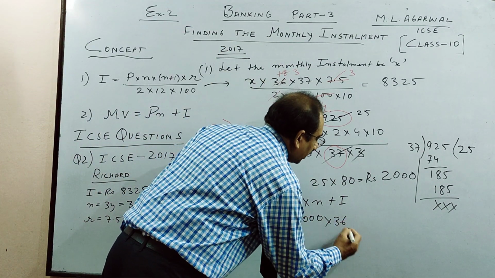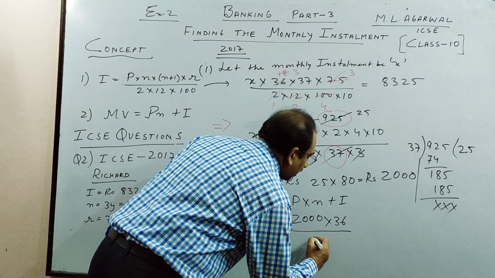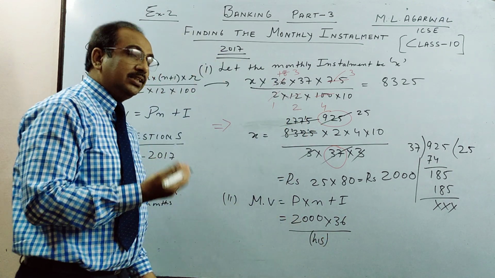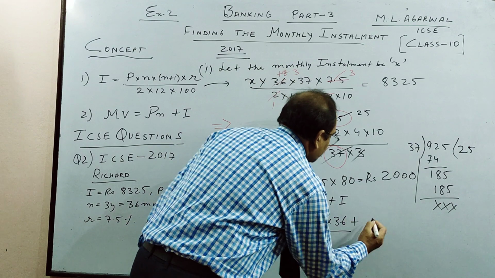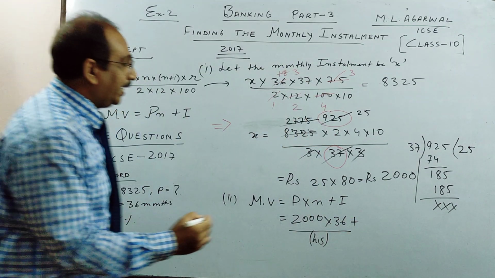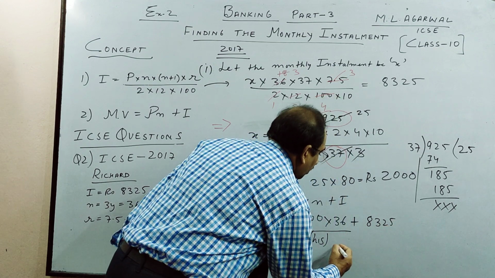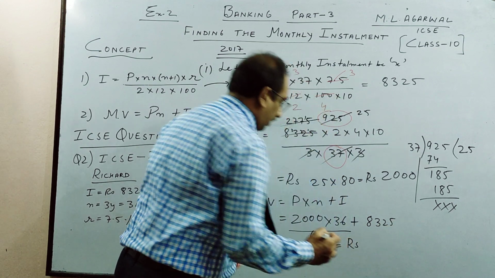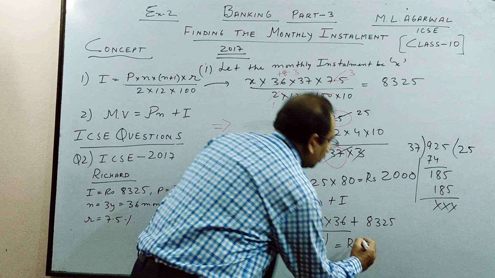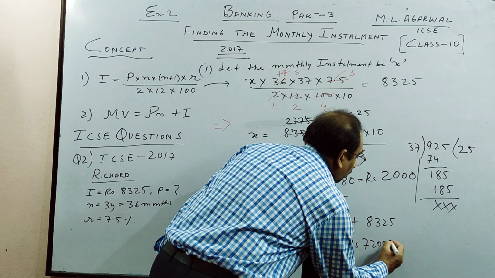So this, children, is his money, what he is depositing. And how much is the bank paying? Bank is paying 8,325.